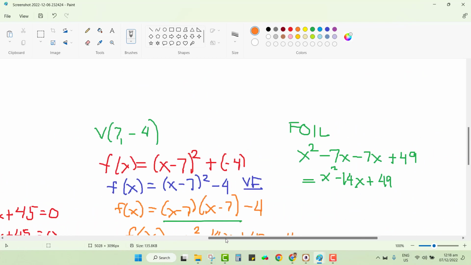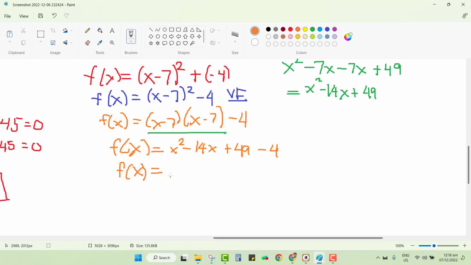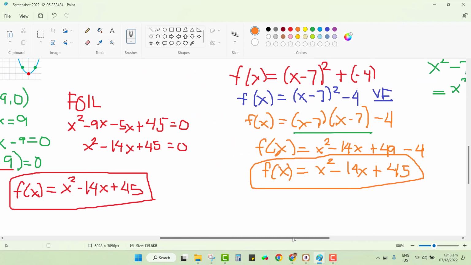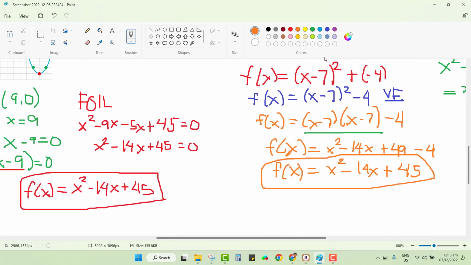This graph, using the vertex, is given as x squared minus 14x plus 45. This is the standard form using this process. And let's see if we have the same result using the intercepts in the previous video. As you can see, they are just the same. So using the intercepts and the vertices, you will end up with the same result.